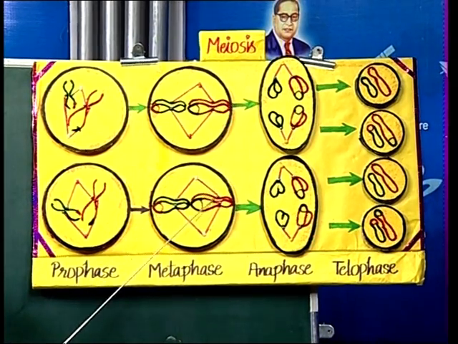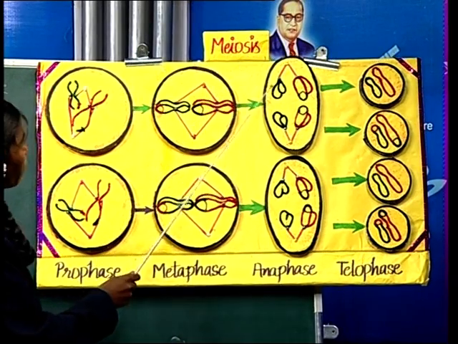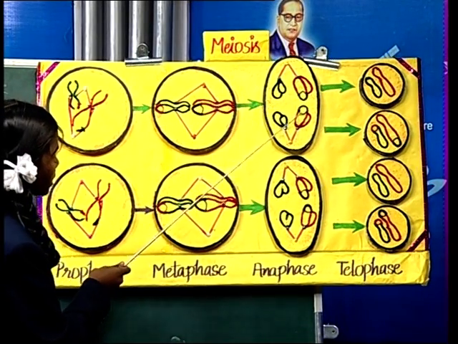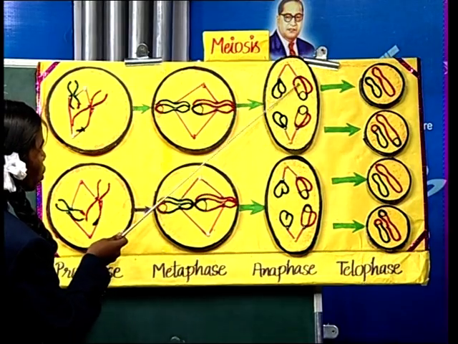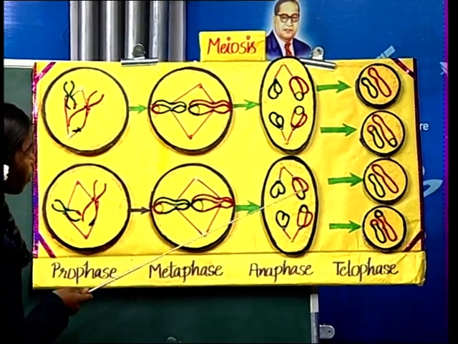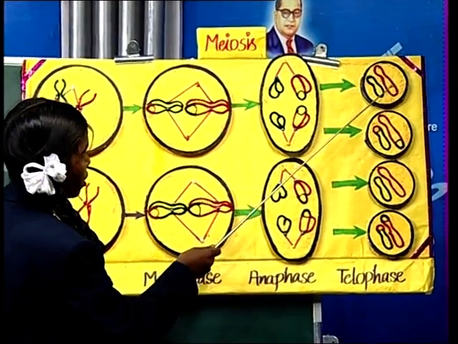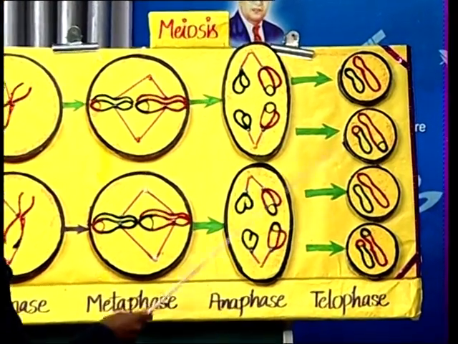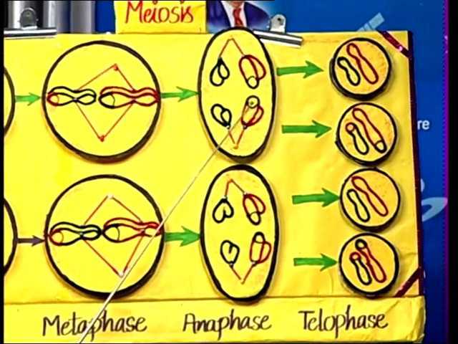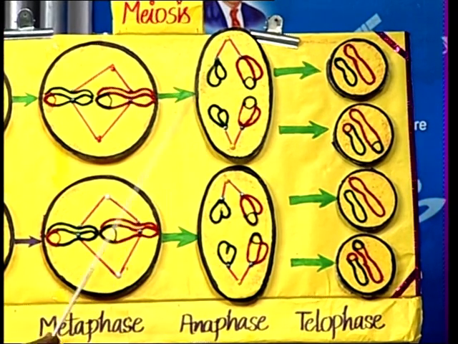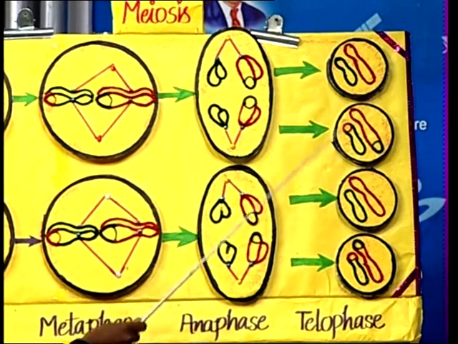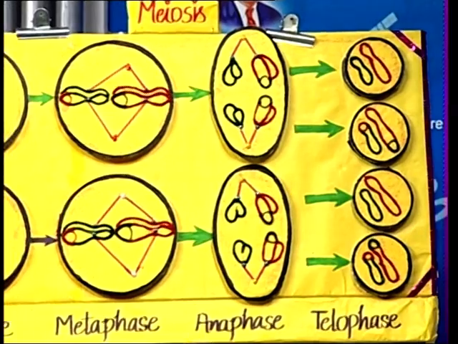Homologous chromosomes move to the opposite directions, and the end result of meiosis is formation of 4 haploid cells. And also here, friends, this is the genetic recombination. See how the recombination takes place. So here it forms 4 haploid daughter cells. This is the process of meiosis.